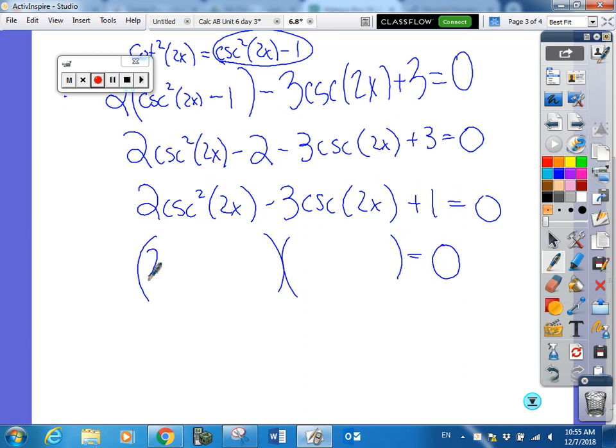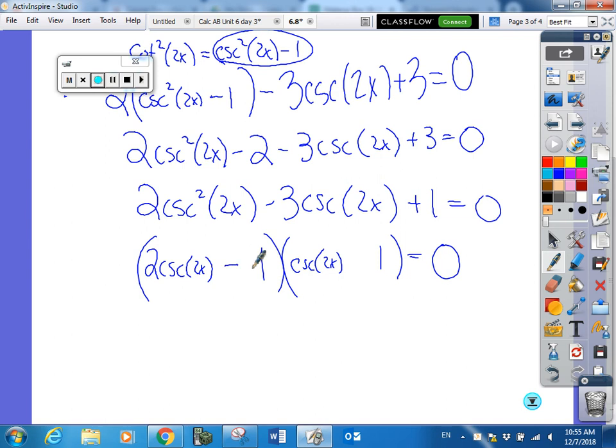Only way to split this up is 2 cosecant 2x, cosecant 2x. Only way to split up a 1 is a 1 and a 1. At max, you would have 3 maybe possibilities as far as these problems go. Nothing more than 3. Doesn't mean they're not out there, but we're not going to give you some crazy factoring problem to do. You'll have plenty of that to do if you take calculus.